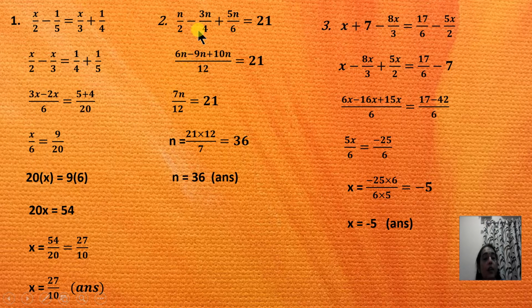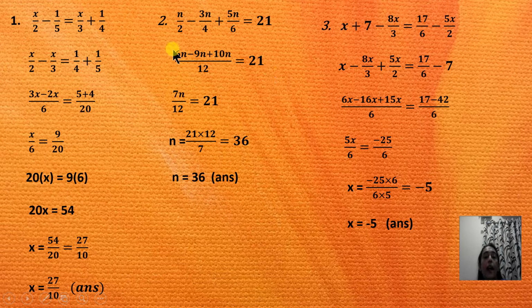Similarly, 4 3s are 12. So I also multiply the numerator with 3. So 3 into minus 3n is minus 9n. 6 2s are 12. So I also multiply the numerator with 2. So 2 into 5n is 10n upon 12, which is equal to 21.